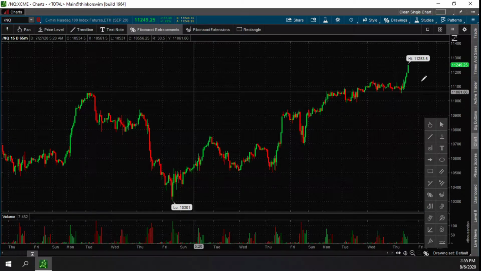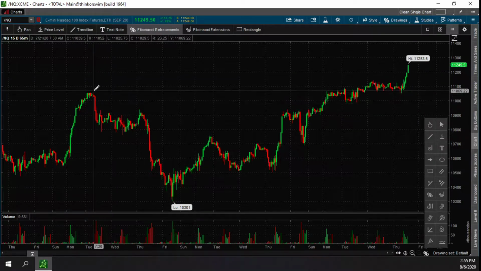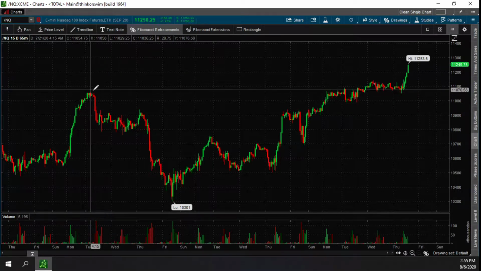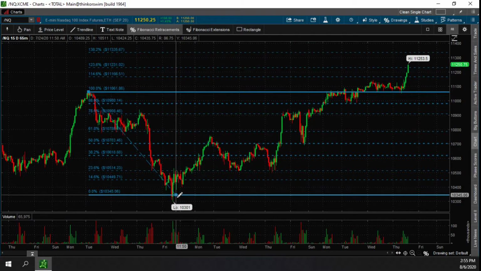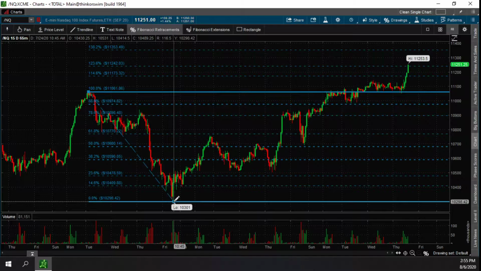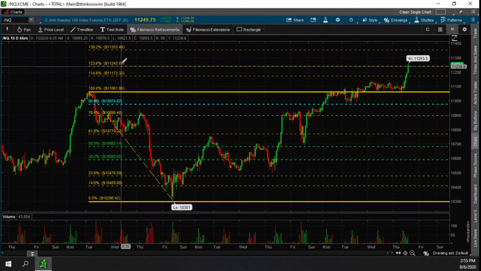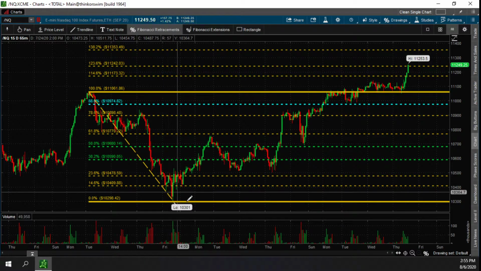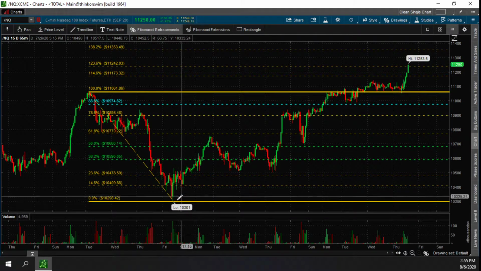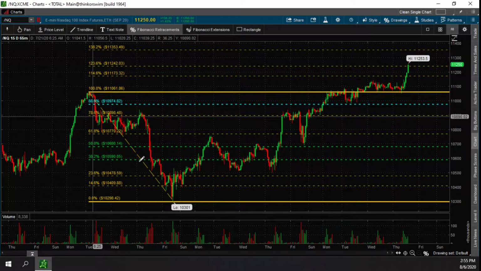Before this high was made today, you would take the high of the 15 days and then retrace it back to the low, and then you have your retracements from the high of 15 days to the low of 15 days.